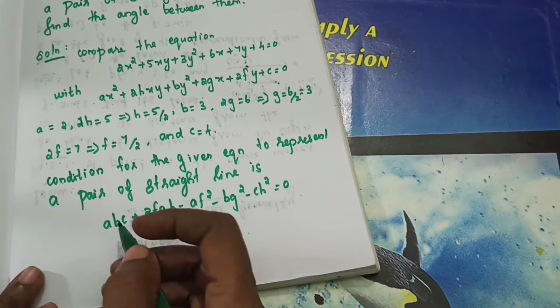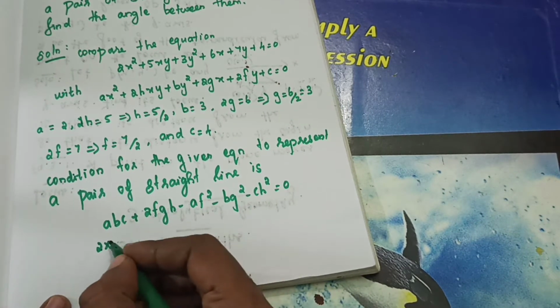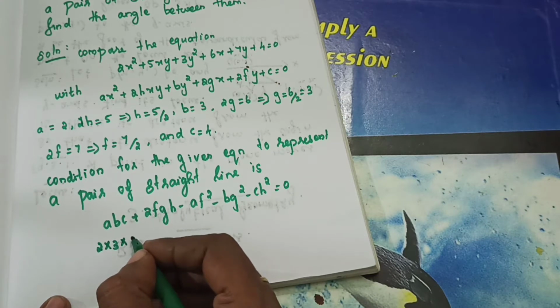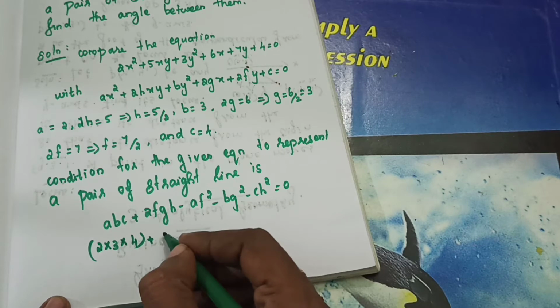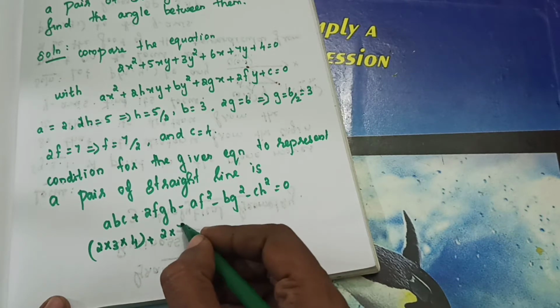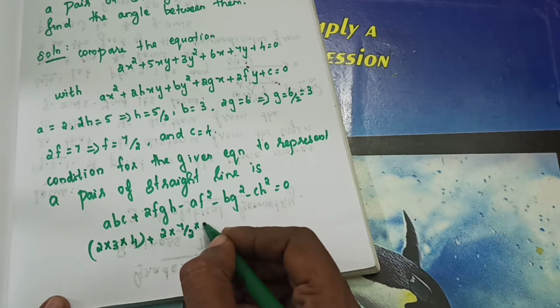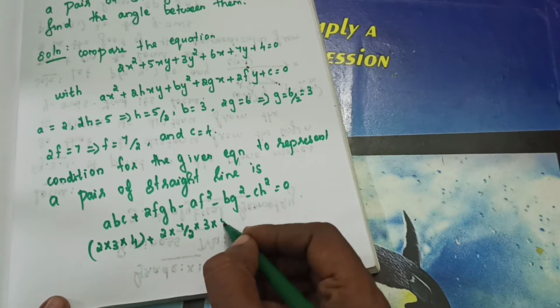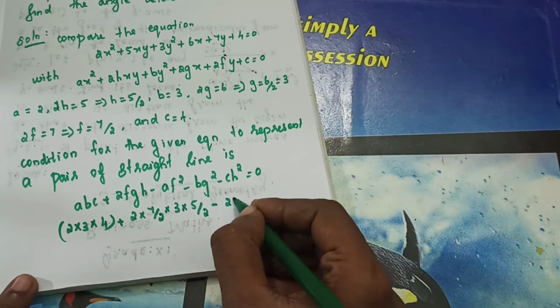So now you will apply all the values. What's the a value here? 2. What's the b value here? 3. What's the c value here? 4. Okay, so abc plus 2fgh: 2 into f value 7 by 2, g value 3, h value 5 by 2, minus a value 2, f square.